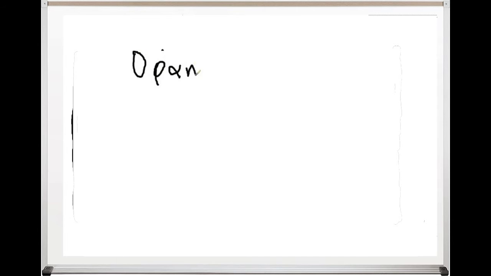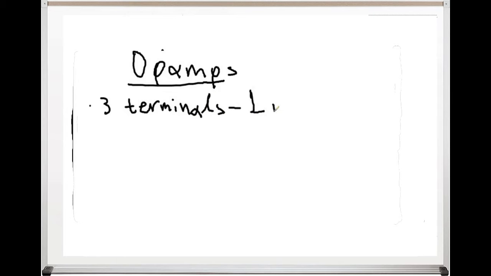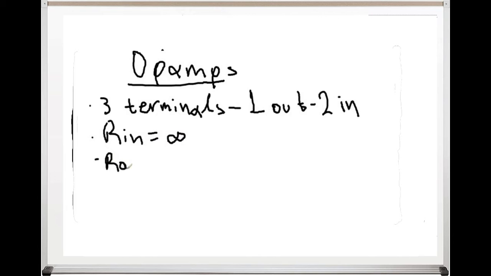So to sum up, overall op-amps are components with 3 terminals, 2 inputs and 1 output that have infinite input impedance and 0 output impedance, and also a really big, almost infinite open loop gain.